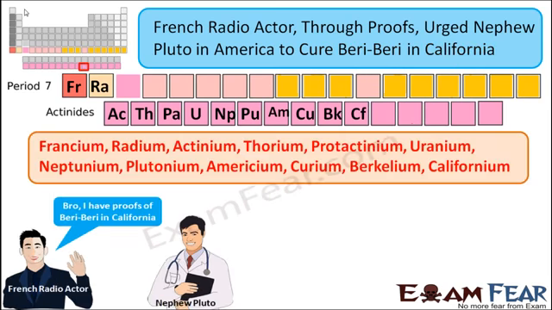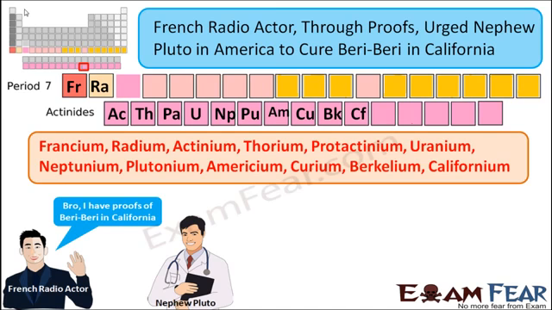So our final memory tip for the elements of period 7 would be: French radio actor through proofs urged nephew Pluto in America to cure beriberi in California.